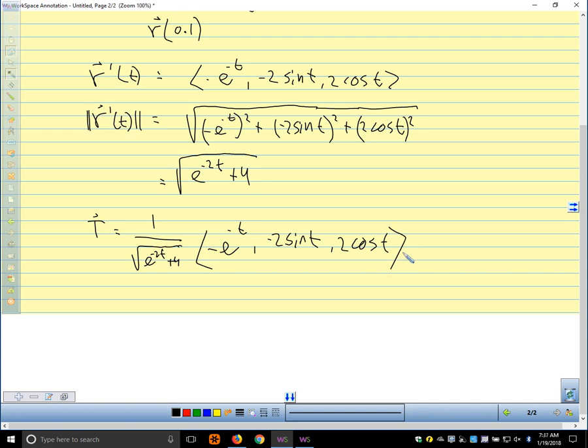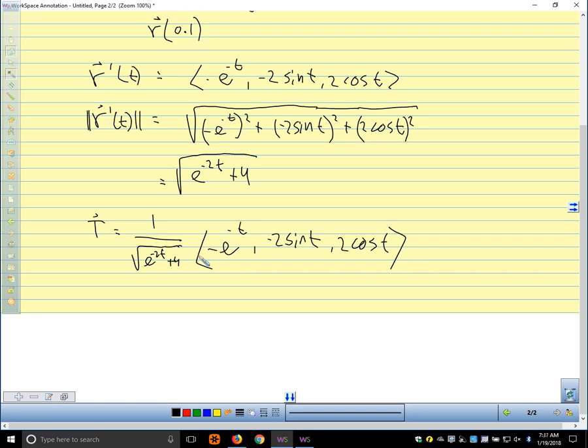Because we have this magnitude of r prime in the denominator of the expression for the unit tangent vector, it can get kind of messy. So keep that in mind as we move forward.